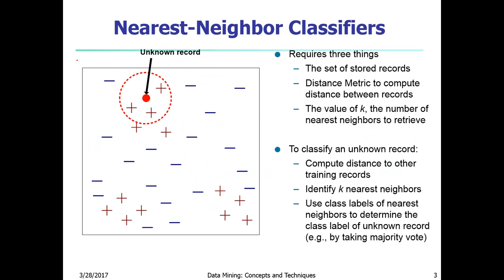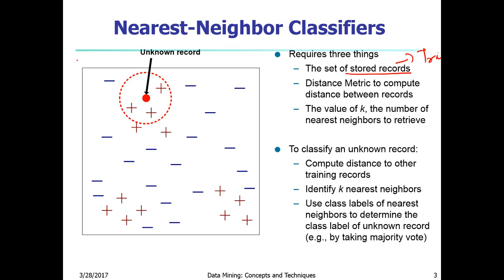So this is the unknown record, and you will have not just one unknown record, it could be many. It requires three things: a set of stored records, which is your training set.